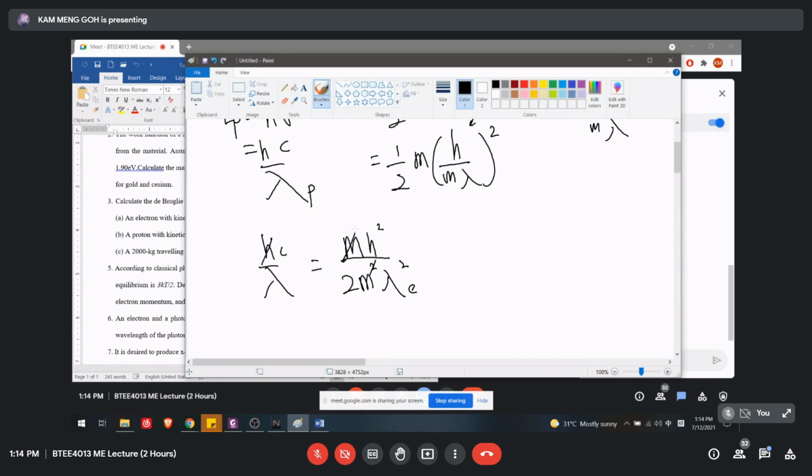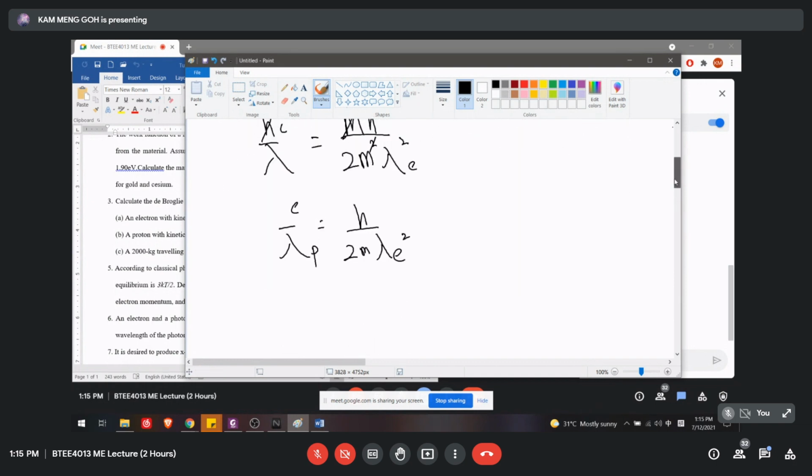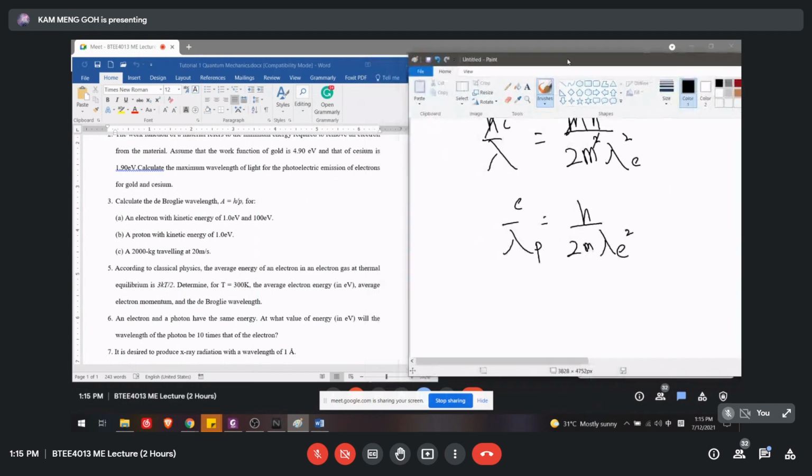So we get hc over lambda_P equals h squared over 2m lambda_E squared. Okay, let's check everything. Then the question also gives a hint that the wavelength of the photon is 10 times that of the electron.